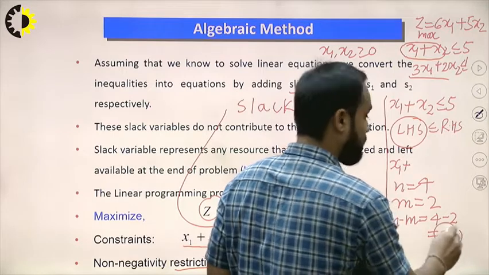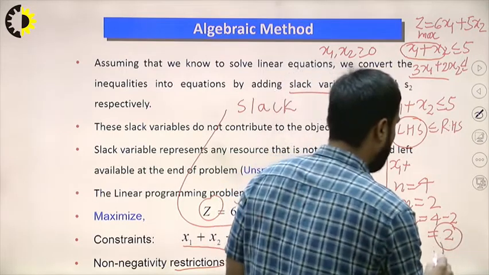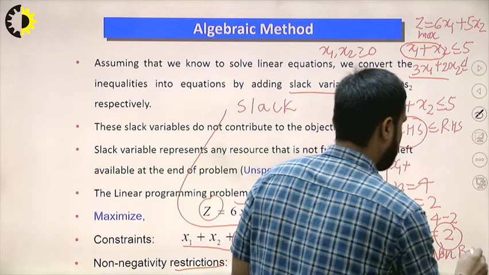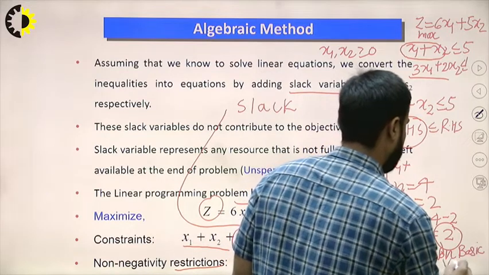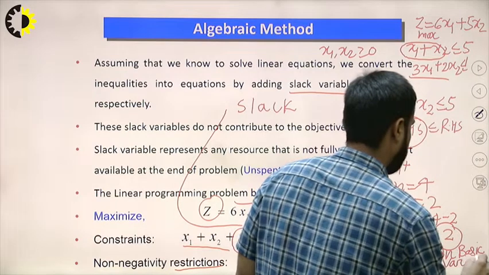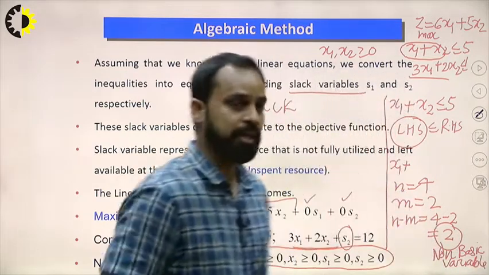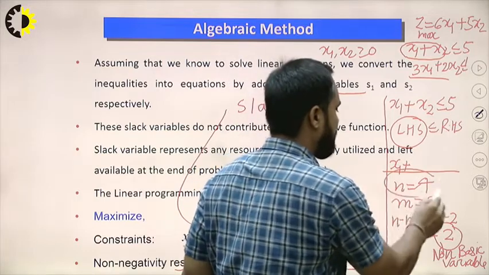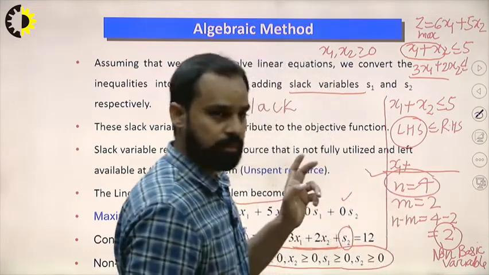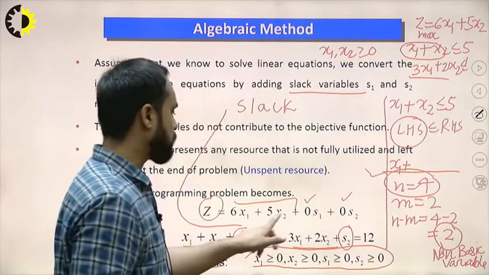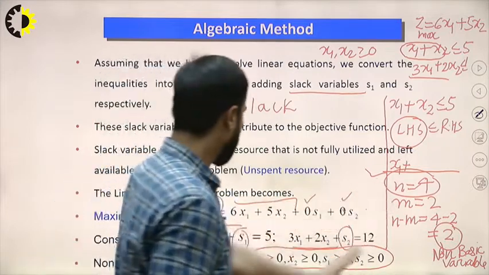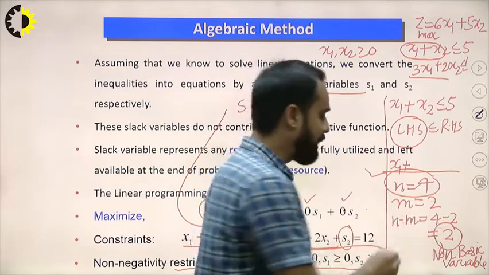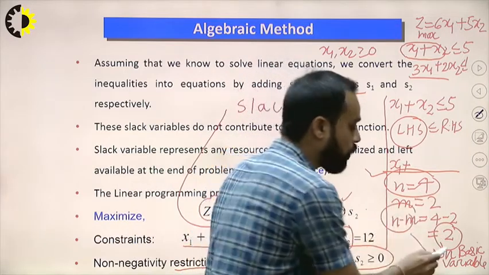We have to consider two variables as non-basic variables. Are you getting my point? Now the variables are 4: x1, x2, s1, s2. The number of equations is m equal to 2. The term n minus m always represents the number of non-basic variables.